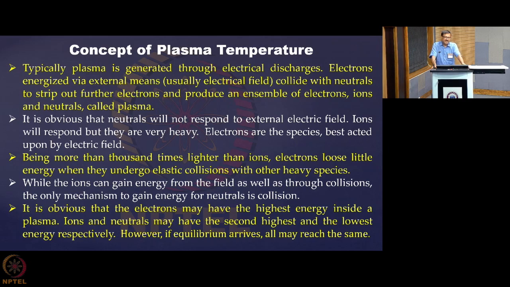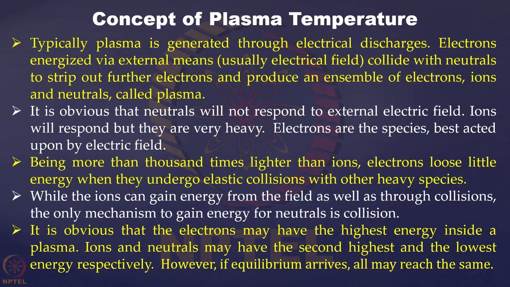Electrons gain energy from the field, collide with the ions and the neutrals, and that way transfer their energy to the other particles. Now, if such collisions are very large in number, then there is a probability that they will equilibrate to a single temperature.